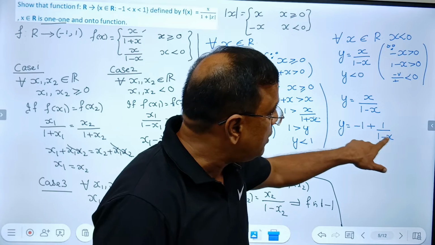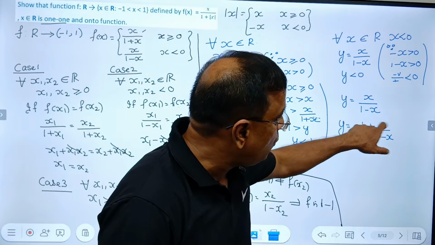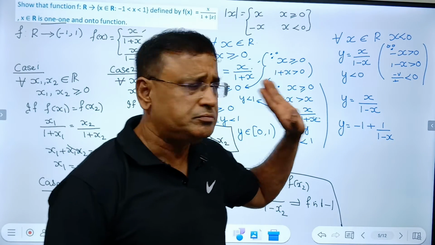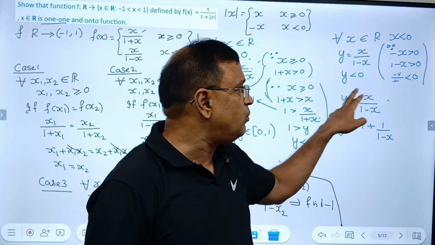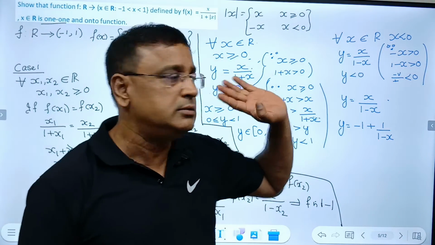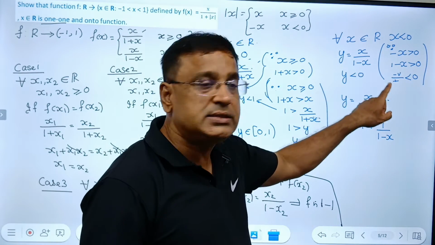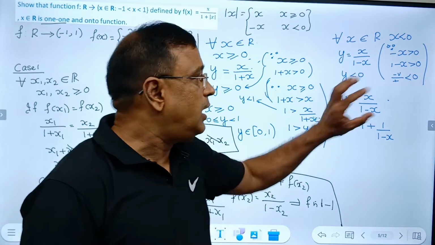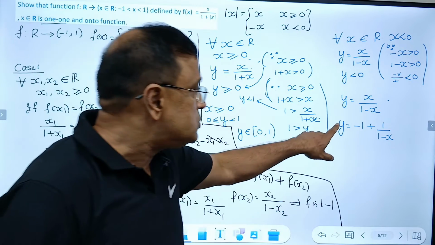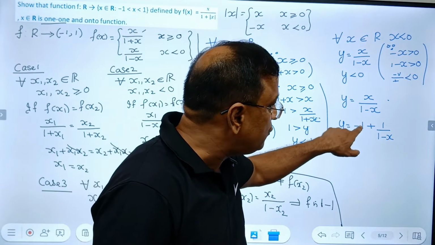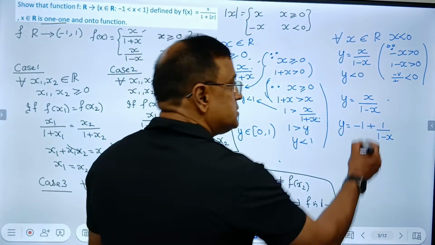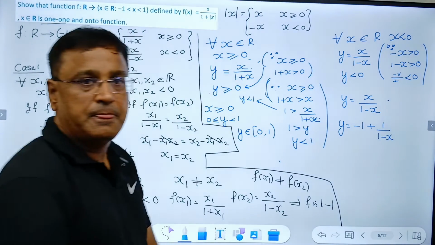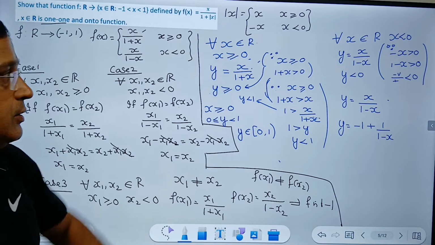You get minus 1 plus x plus 1, 1 and 1 cancel, you get the same thing. I did not do anything great. I added 1 and subtracted 1 on the numerator and I split it, and I take a suitable minus sign out. So I get y is minus 1 plus 1 by 1 minus x. So this is same as this. I hope that part is clear.